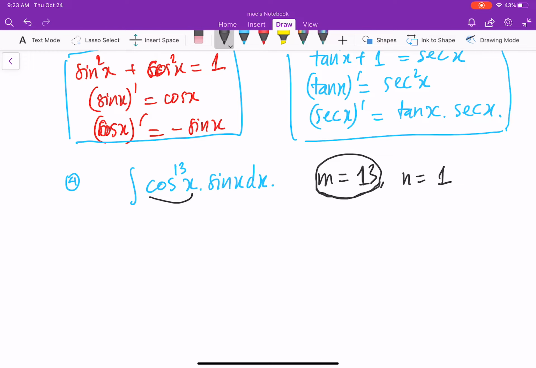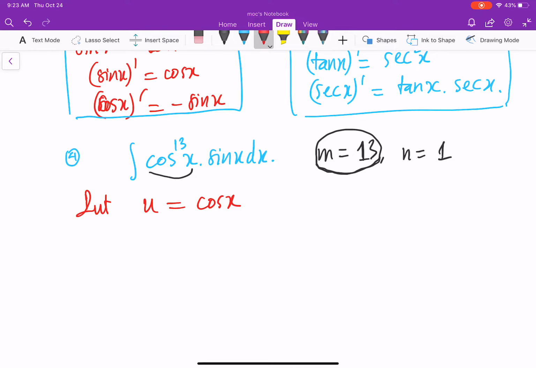Okay, so I will put u equal to cosine of x. From here, I have to find du right away. That is negative sine x dx. After substitution, I have to rewrite the original integral in terms of the new variable, right?